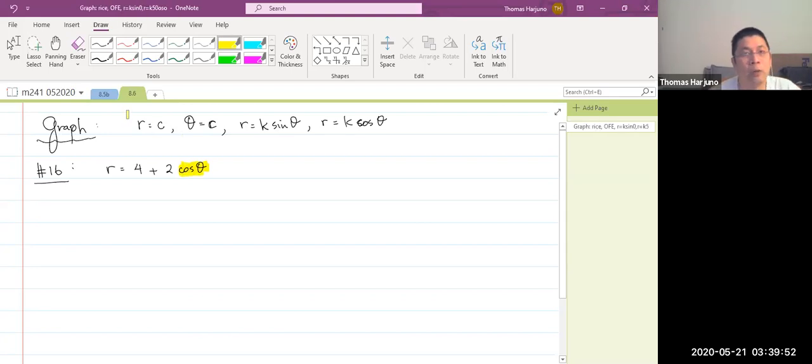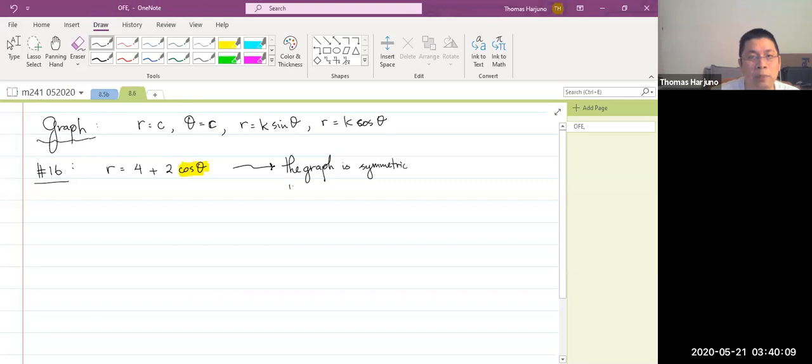Now, because the radius depends on cosine theta, the graph is symmetric with respect to the x-axis.